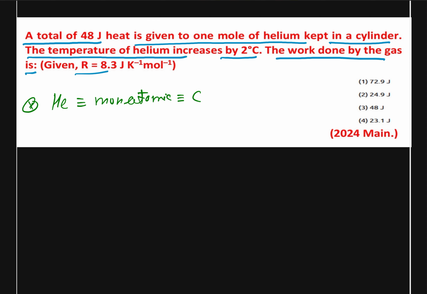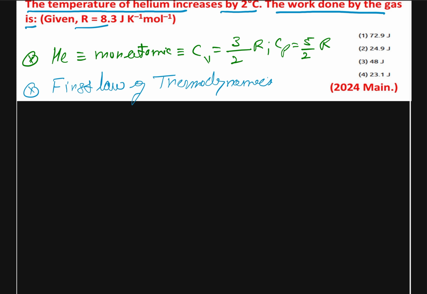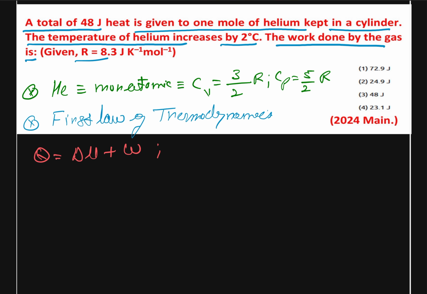Therefore, we can say that our C of V will be equal to 3 by 2 times R, and our C of P will be equal to 5 by 2 times R, and we are supposed to find out work done, and for that we are going to use the first law of thermodynamics, which gives us that our heat will be equal to change in internal energy plus work done, and heat is given to us, and the temperature it says is increased by 2 degrees centigrade.